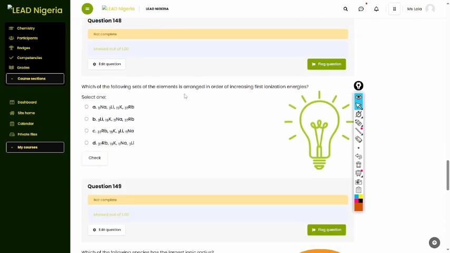Which of the following set of elements is arranged in order of increasing first ionization energy? The first ionization energy refers to the energy required to remove one electron from the outermost shell of an atom to form a +1 ion. Okay. Now, the elements we have here are all in group 1. Since they are in the same group, the periods are different.